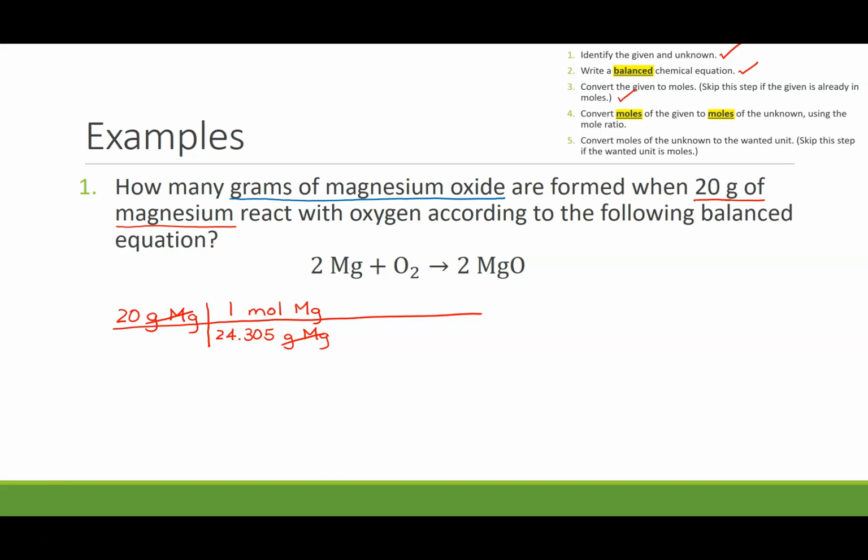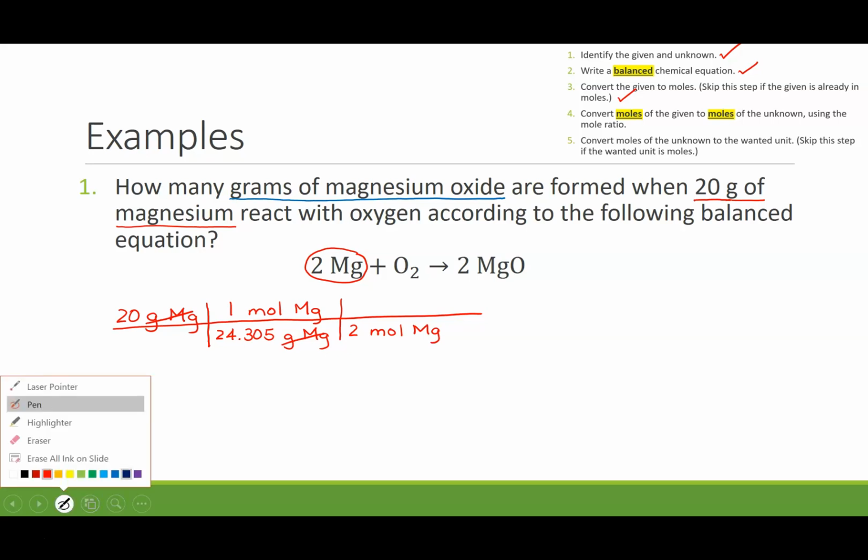Check it off. Step 4, convert the moles of the given to moles of the unknown using the mole ratio. Okay, the mole ratio comes from the coefficients in the balanced equation. Let's look at the given first. We got 2 moles of magnesium, and we'll put that on the bottom because I want to cancel out that given, the magnesium.